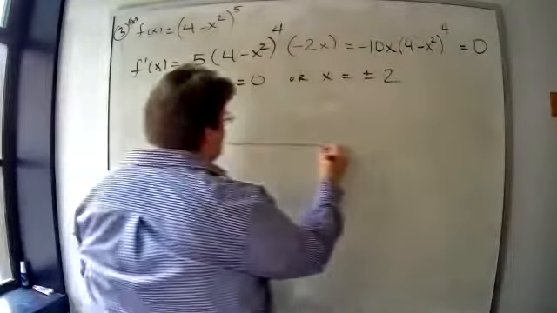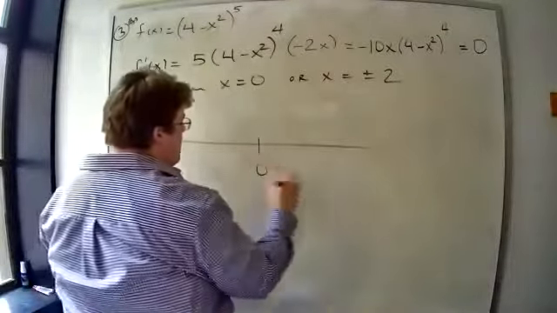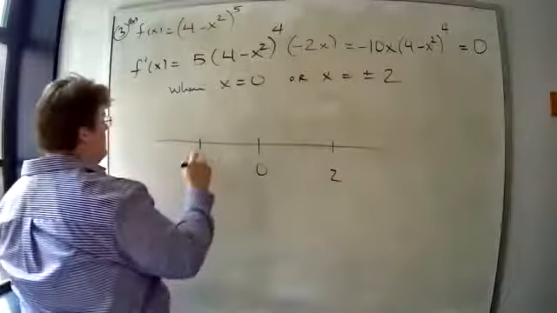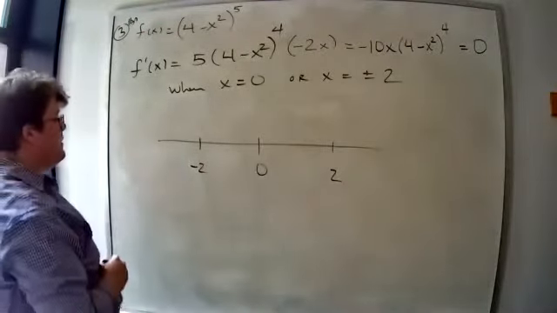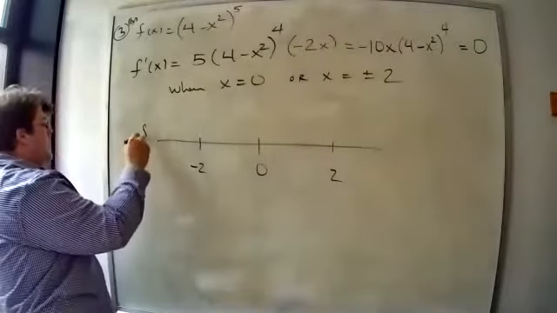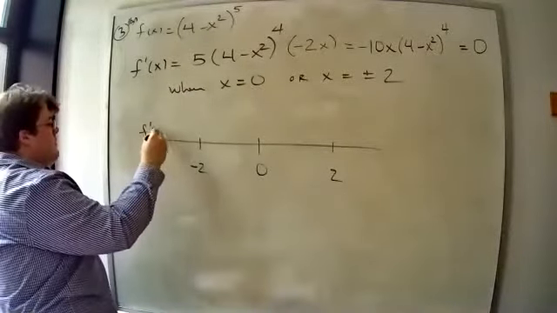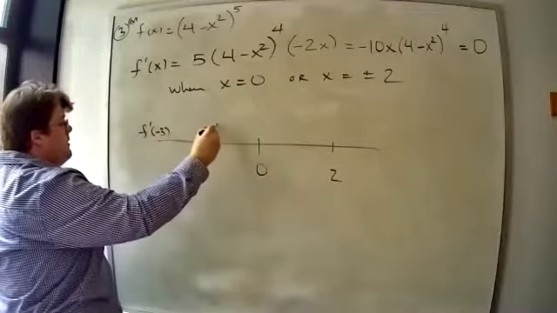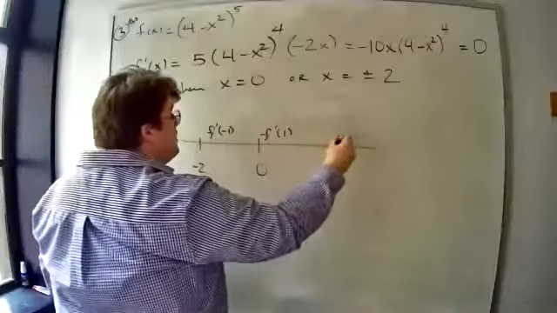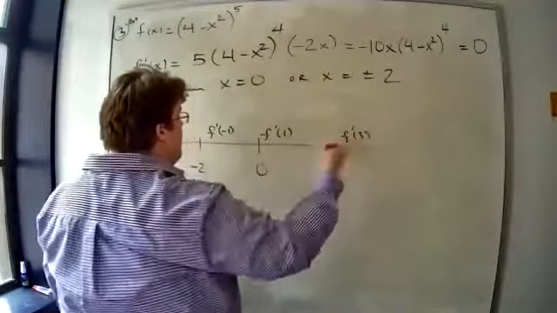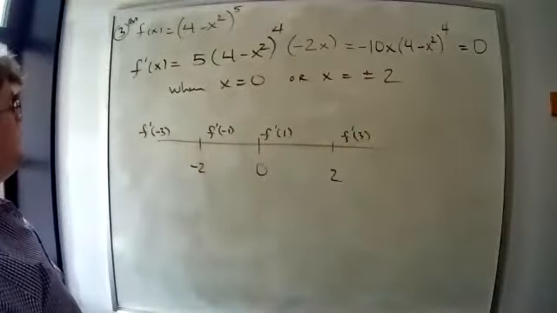We're going to use this to break our number line this time into 3 pieces. But the derivative analysis is going to be the same. So f prime here, let's choose -3. F prime here, -1. F prime of 1. F prime of 3. And we want the sign of the derivative.